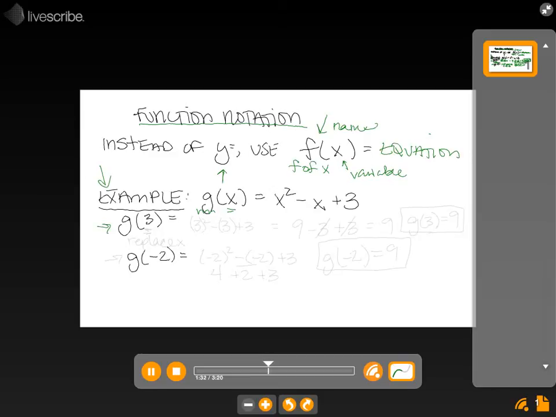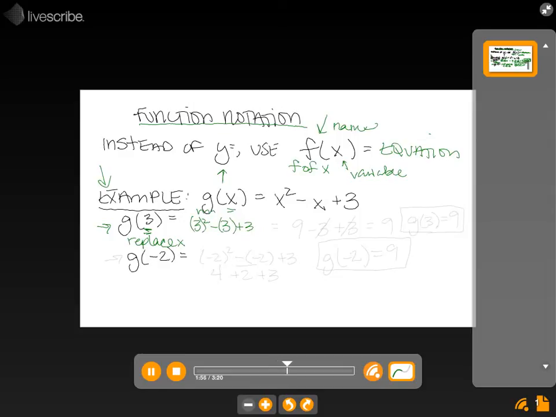To do that, we take what's in the parentheses and replace all the x's with that value. So now our problem becomes (3) squared minus (3) plus 3. I'm putting the 3's I switched out in parentheses; you'll see why when we do the second example.